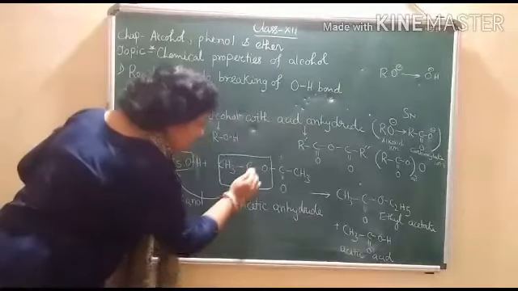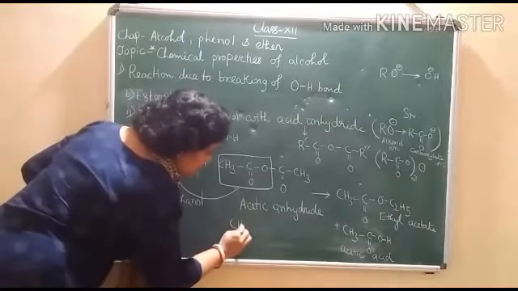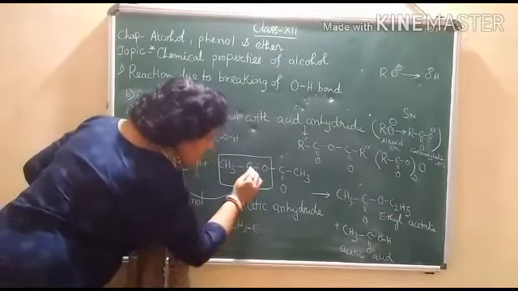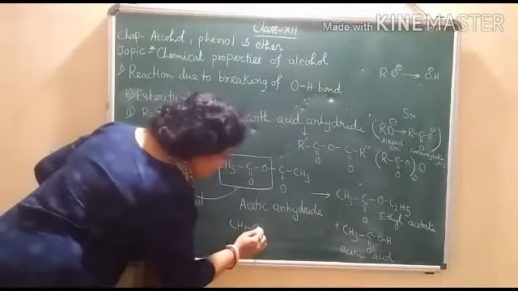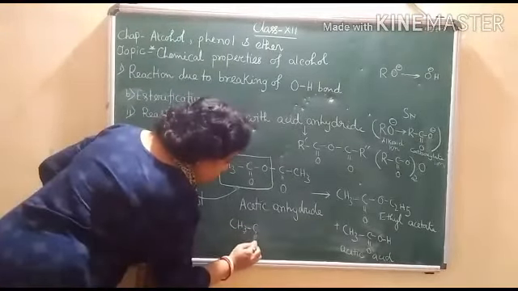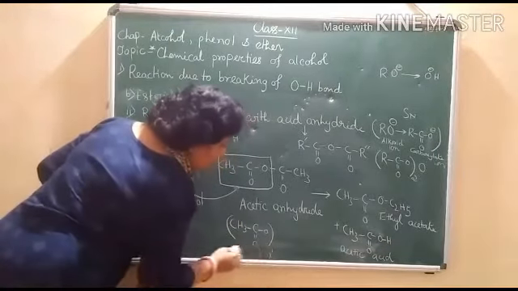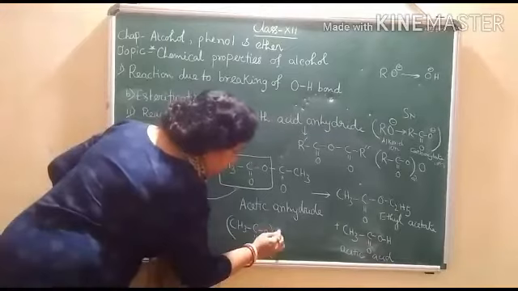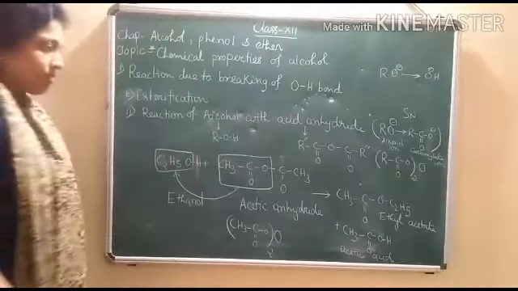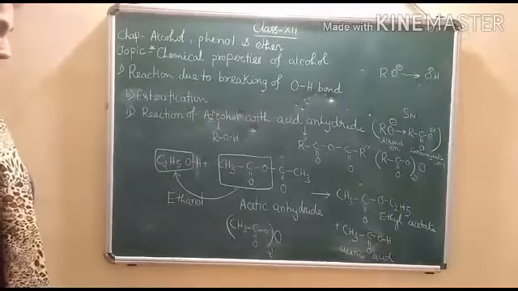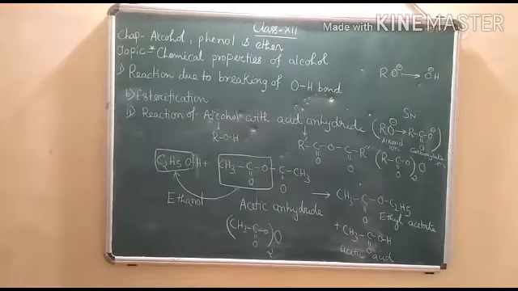Understood? This one I can write like this: CH3C double bond O, this one twice and joined with O. Okay, write it down.